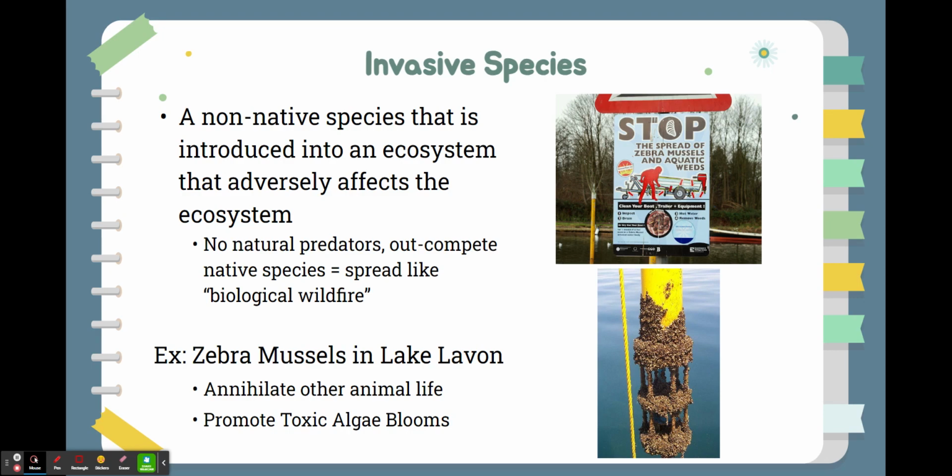So, once introduced, they began to establish themselves and reproduce very rapidly. And unfortunately, they can outcompete native species for resources like food and habitat, which leads to a decline in the native biodiversity, a decline in the native species, which in turn affects the ecosystem dynamics as a whole. But for now, please understand what an invasive species is and the effect it can have on an ecosystem.